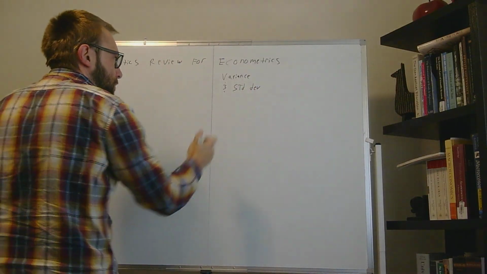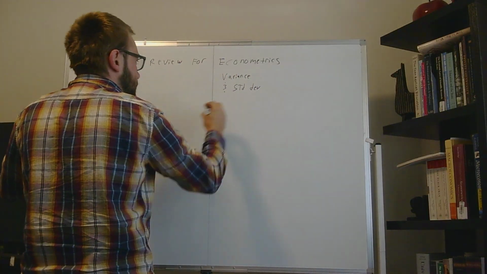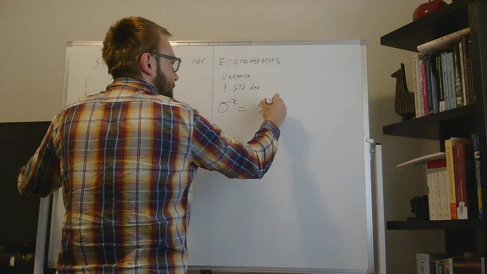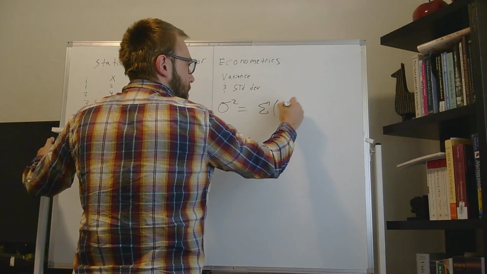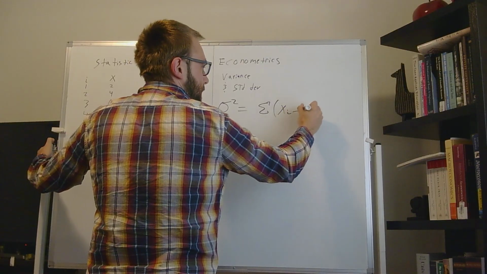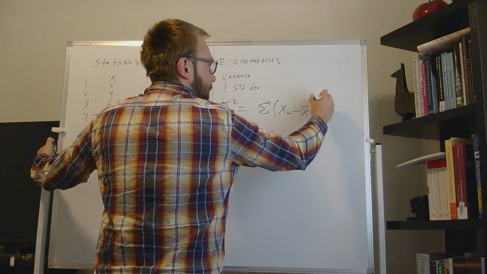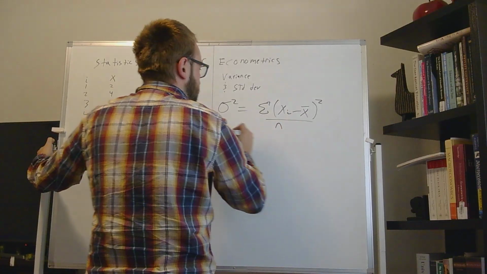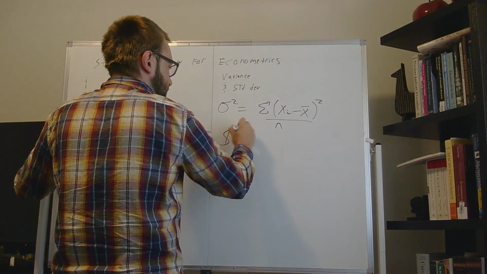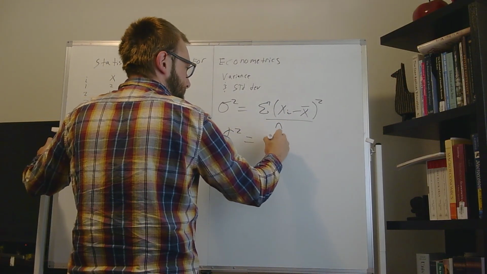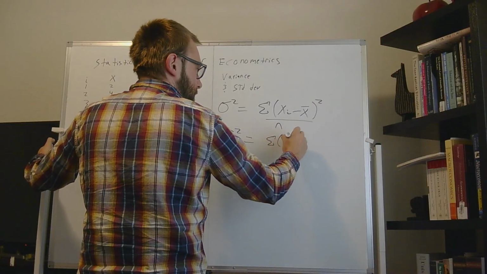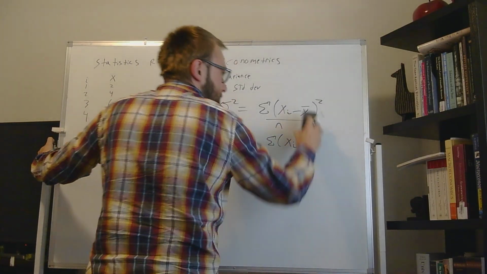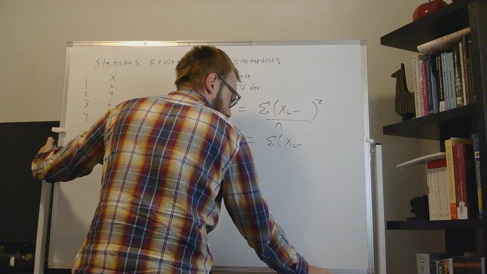So the formula for the variance, there's two different formulas. There's population variance. It's going to be sigma of xi minus x bar squared all over n, and then there is the sample variance, sigma of xi minus, and now we made a mistake, whoopsies.